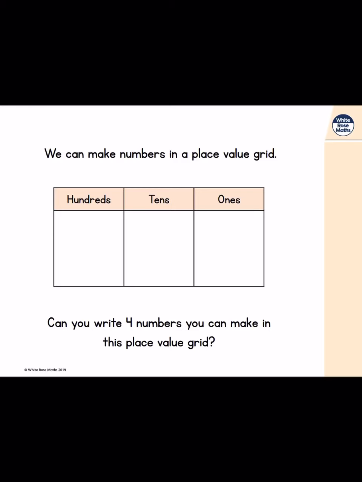Okay, have you got your 4 numbers? I'm going to show you 4 numbers that I've thought of and see if you can say them. Yep, that one's 153. There's 1 in the hundreds column, 5 in the tens column, and 3 in the ones column. Here's my next number. 8 in the tens column and 6 in the ones column. So that's 86.